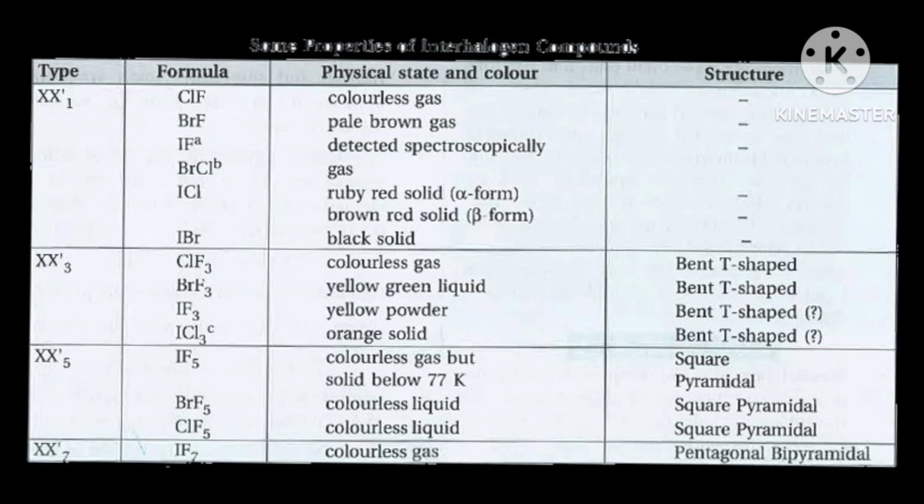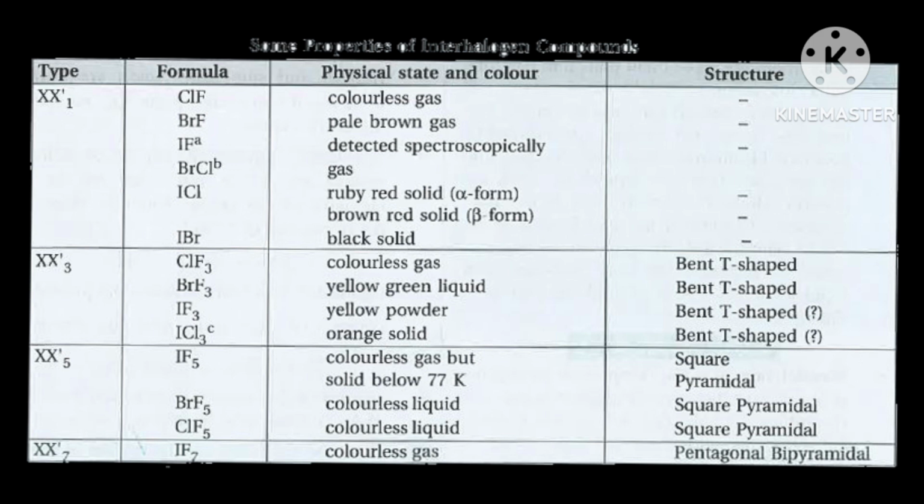That is called hydrolysis. It will give a halide ion derived from the smaller halogen and a hypohalite.